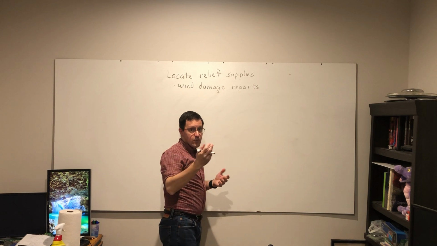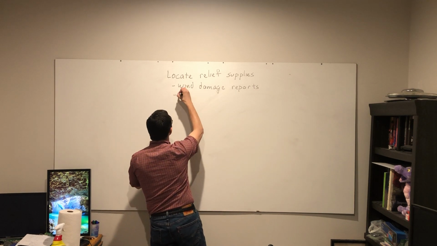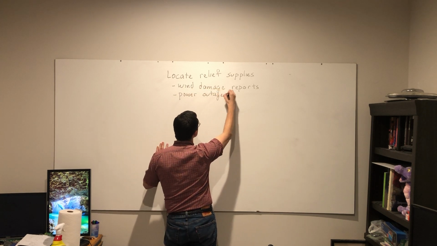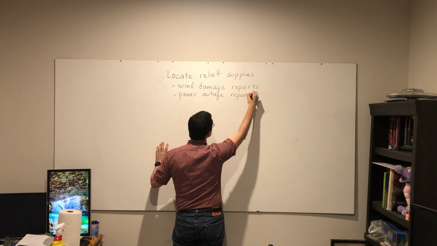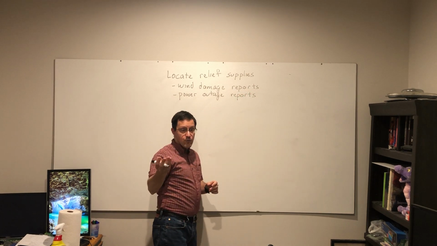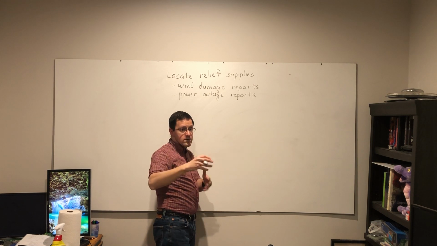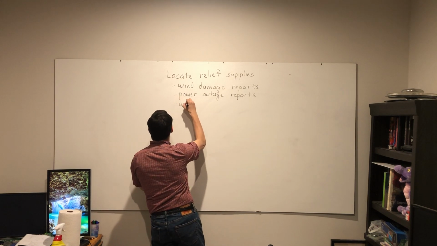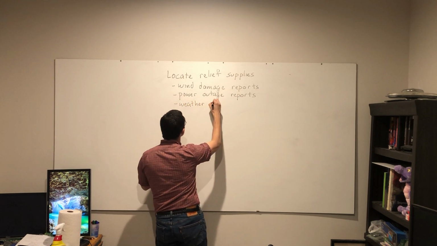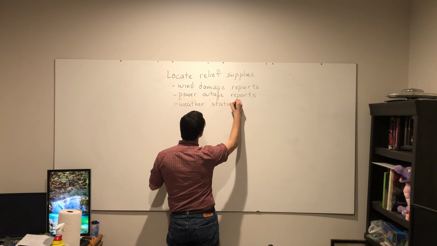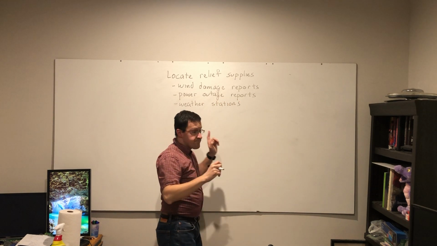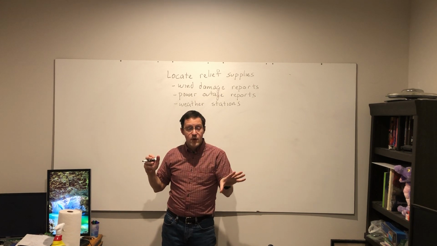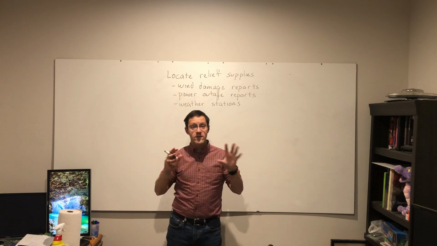We might have wind damage reports, power outage reports, and the data from the weather stations. You can probably think of other data that we might want to help make this kind of decision.